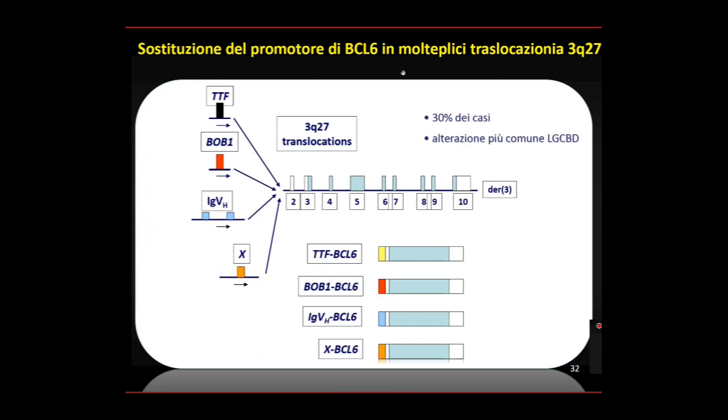Third on the list, we have BCL6. BCL6 is a master gene in germinal center, and is the most frequently mutated gene in diffuse large B-cell lymphoma, up to 30%. It can be mutated, and mutation, especially in the promoter, will not allow BCL6 to be shut off by IRF4. So BCL6 will just work and work, maintaining the cell inside the germinal center.